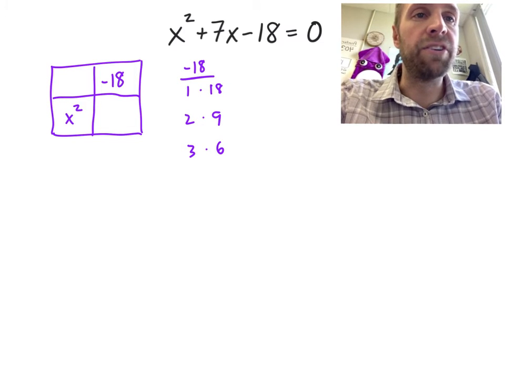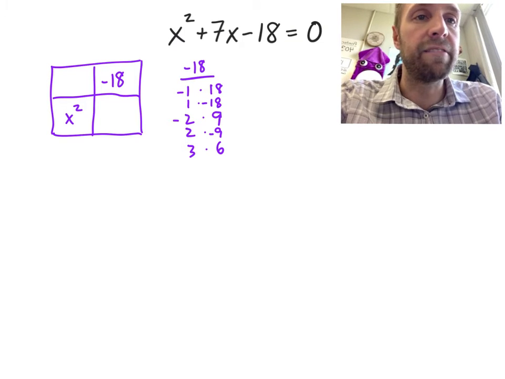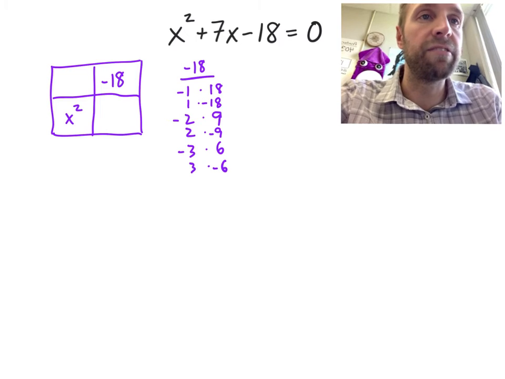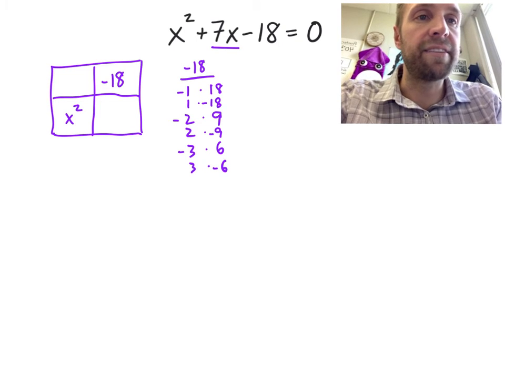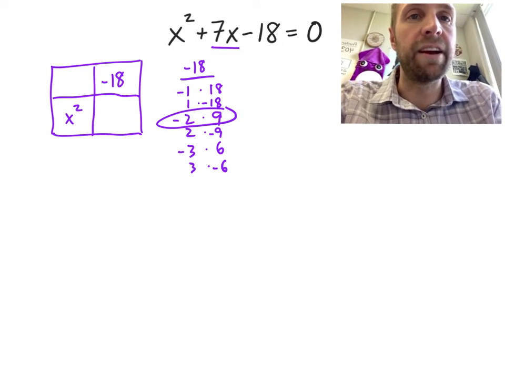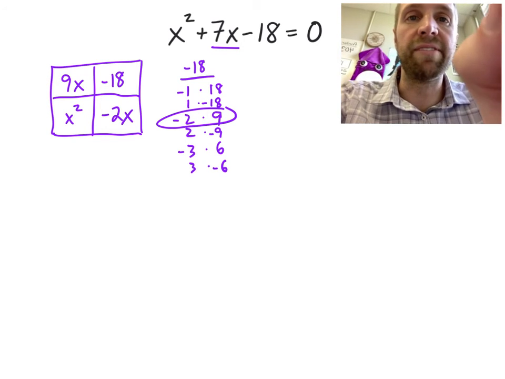And now when I go to do the negatives, I can do that twice because I'm not sure if the 1 or the 18 is negative. I'm going to write it twice because I'm not sure if the 2 or the 9 is negative. I'm going to write it twice because I'm not sure if the 3 or the 6 is negative. How can I get 7x? That combo right there. If I had 9x minus 2x, that would give me 7x.